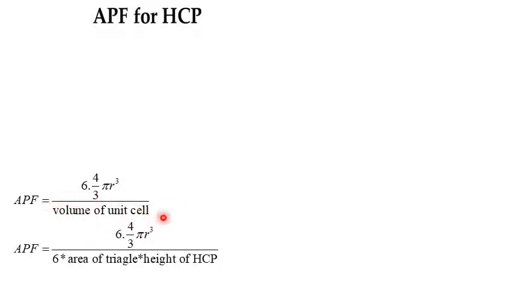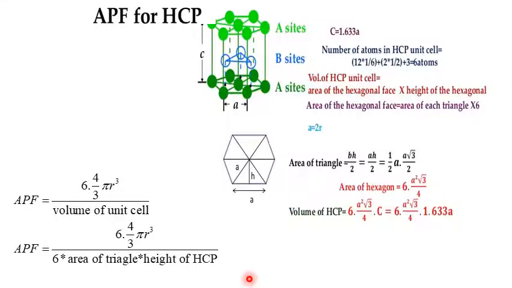Here the volume of a unit cell is different. In the previous three, the unit cell was a cube, but here, for the hexagonal close packed cell, it will be one hexagon face. One hexagon face consists of 6 equilateral triangles.